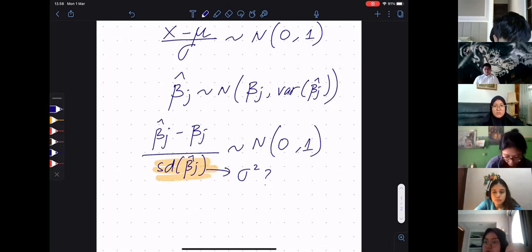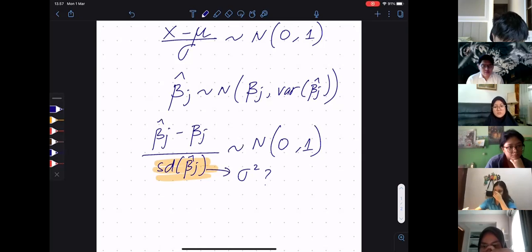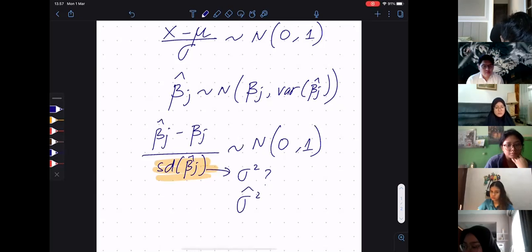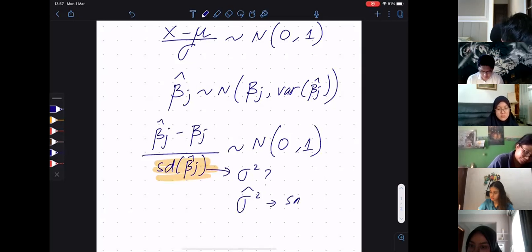If you recall from your statistics 2 course, if you don't have the population variance, then what you can do is to use the sample variance. So instead of using sigma square, we can now use the sample variance.